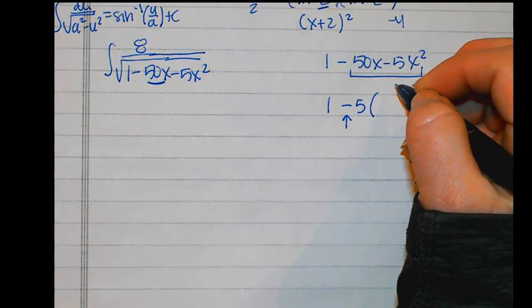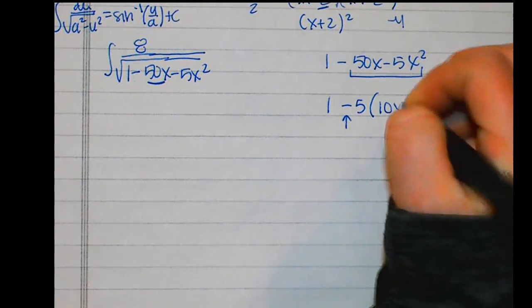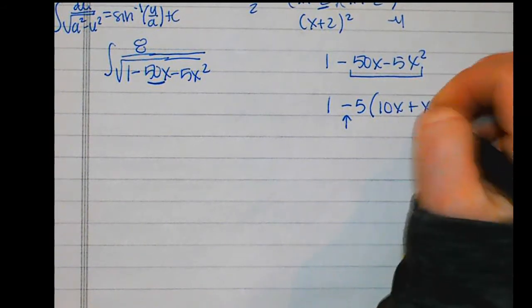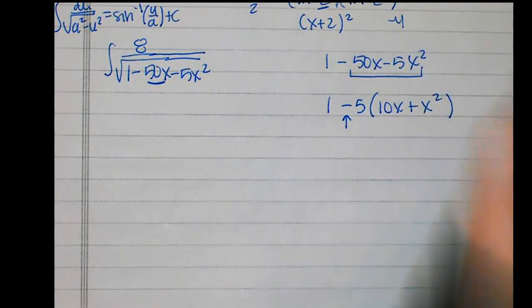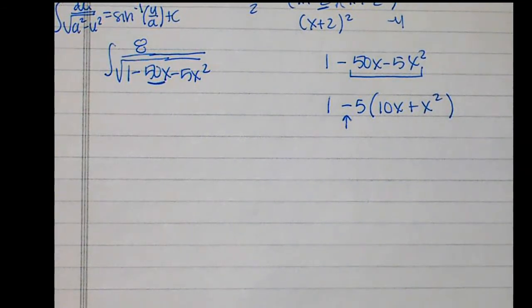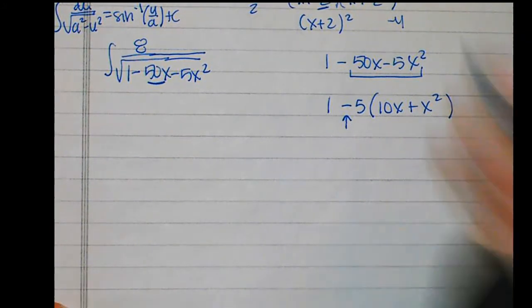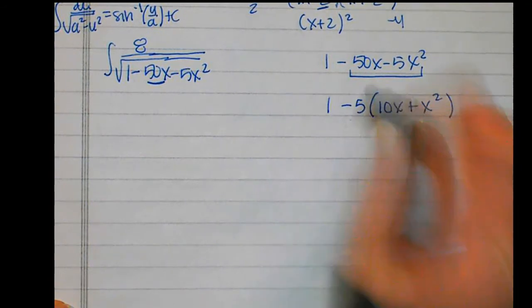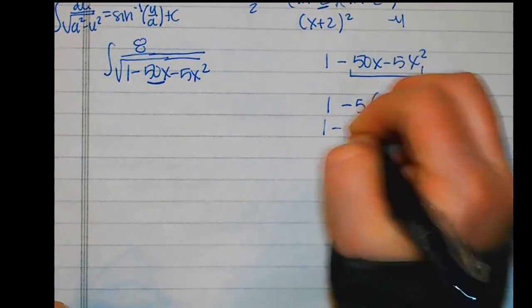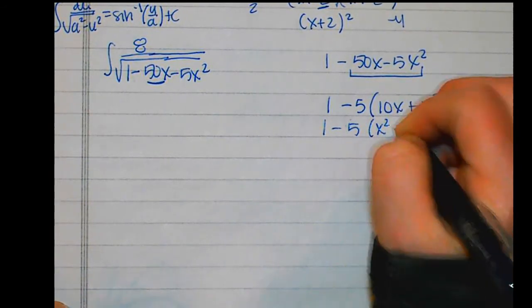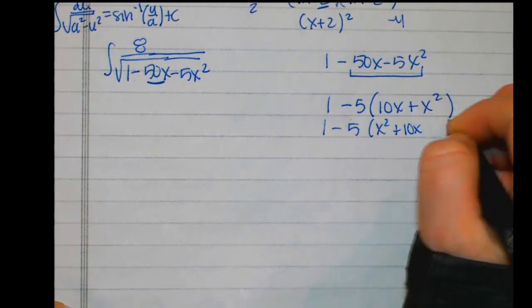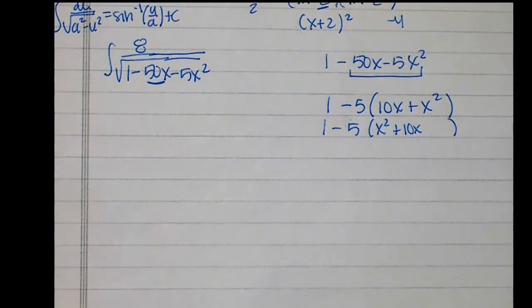And then that leaves us with what? 10x plus x squared. And now this looks like something easy to complete the square on. Maybe it's even easier if I write it like we're used to seeing it, x squared plus 10x, and then leave a space like that.